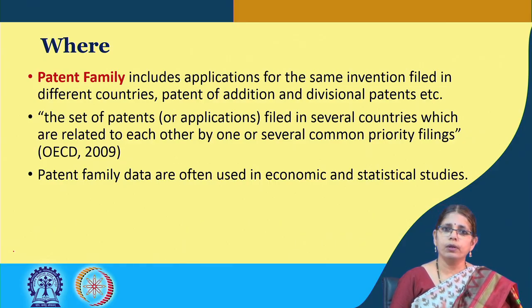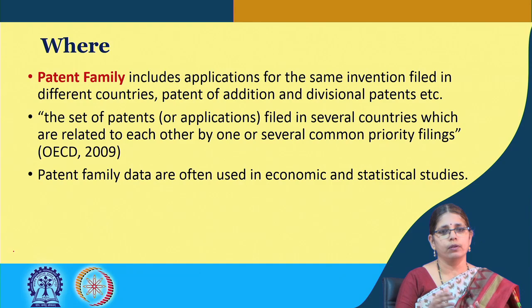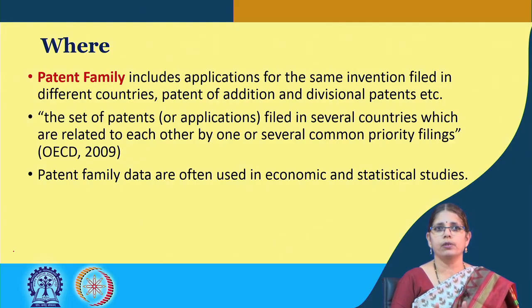Today, there are a lot of databases which tell us, beginning with filing from one particular jurisdiction, how this invention has been captured or rather filed in different jurisdictions. So, from one node it pulls off other patents which are related to this particular patent, and so therefore, that is a good representation of what the patent family data is.